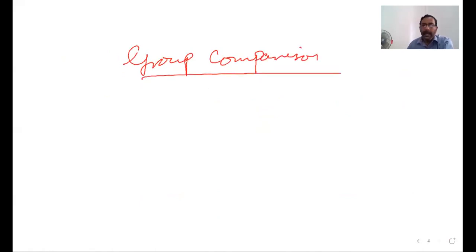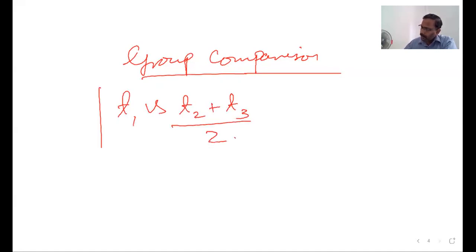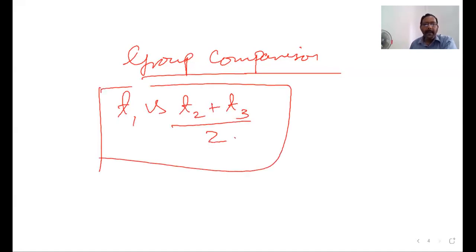I don't know whether you will learn it, but I'm just telling you for completeness. T1 versus T2 plus T3 divided by 2. So this is a group comparison, isn't it? Because here it is coming as a group.